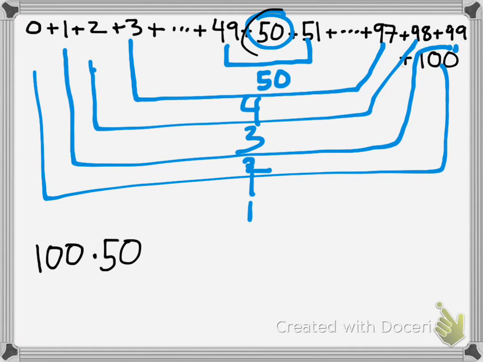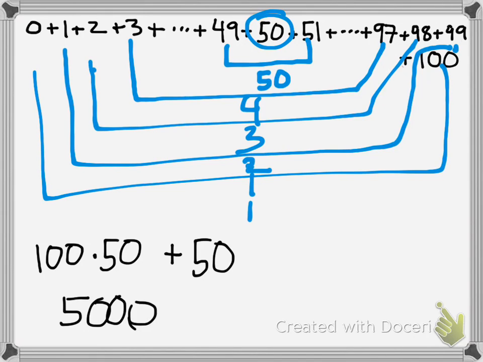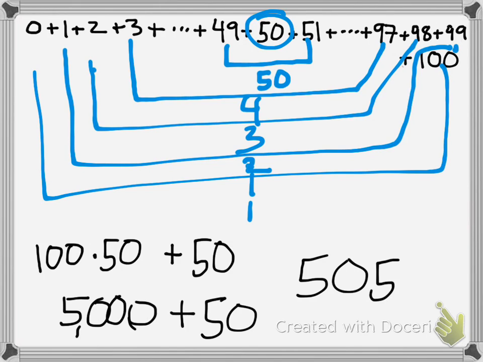What's the remainder? That's the 50. So add 50 at the end. What's that get you? Well, 50 times 100 is 5,000, plus 50 would be 5,050. That's your answer.